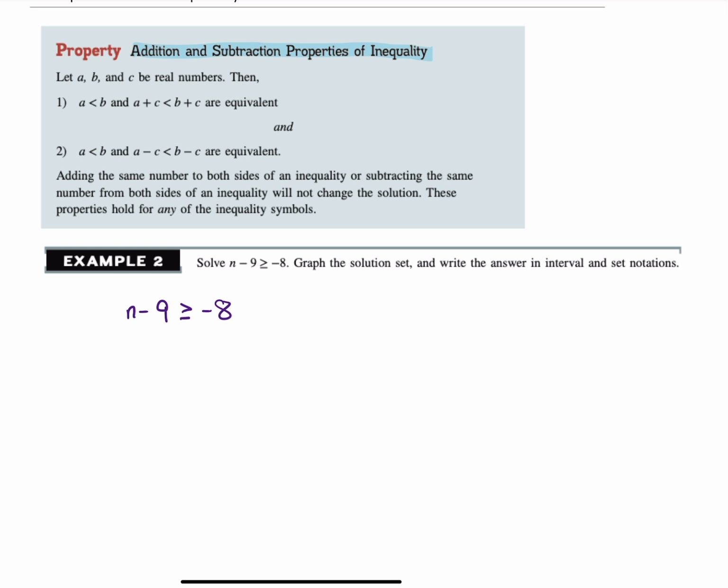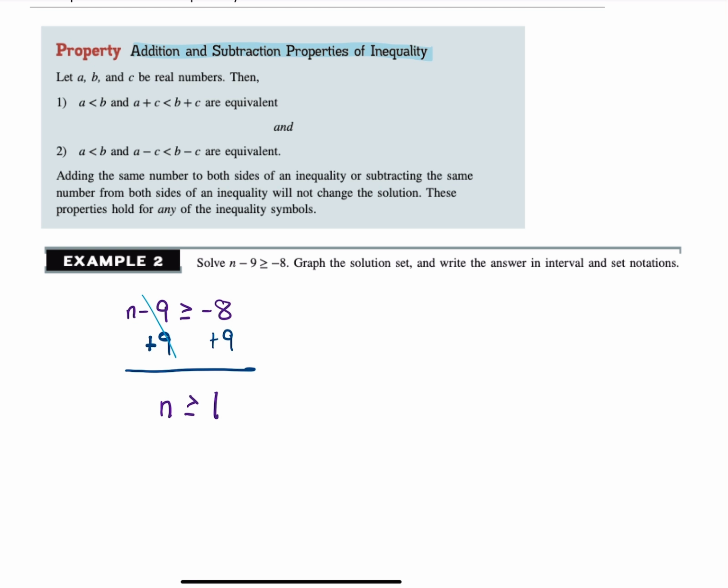So since we have a minus 9 here, you can just add it to both sides. So plus 9, plus 9. And it's just like solving an equation. So we would say n is greater than or equal to negative 8 plus 9, so this will be positive 1.